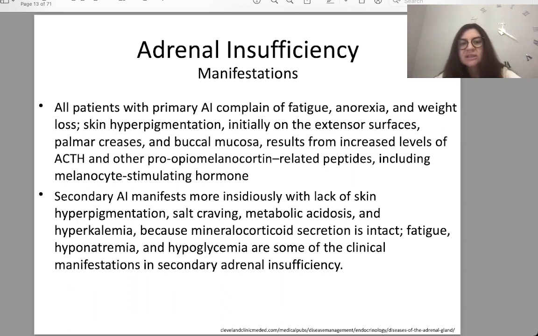Secondary adrenal insufficiency manifests more insidiously, with lack of skin hyperpigmentation, salt craving, metabolic acidosis, and hyperkalemia, because mineralocorticoid secretion is intact. Fatigue, hyponatremia, and hypoglycemia are some of the clinical manifestations in secondary adrenal insufficiency.